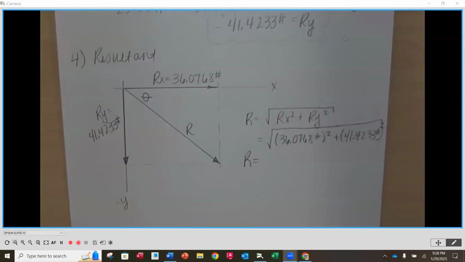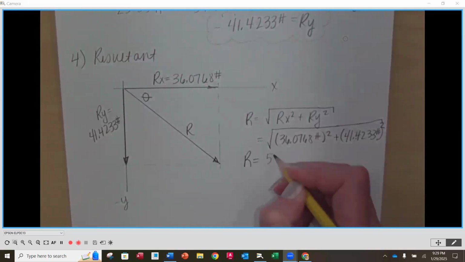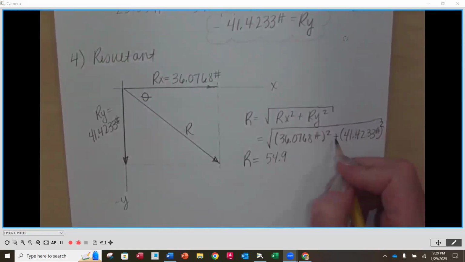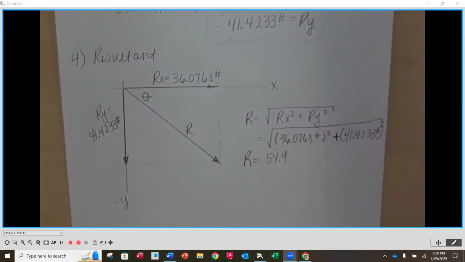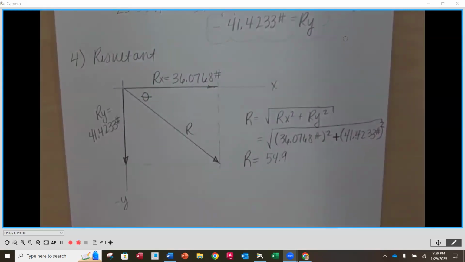So my R is equal to... You get 54.9? Plus 41.4, yep, it's underneath the radical, it's Pythagorean's theorem. Yeah, because we've got the two legs and we want to find the hypotenuse, yep.